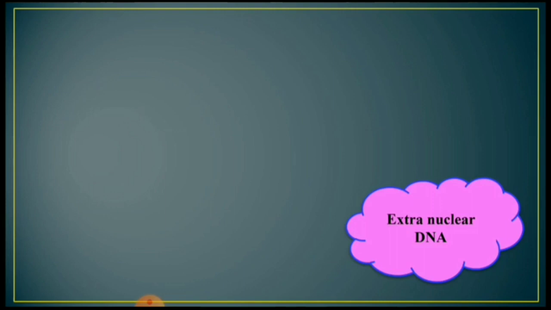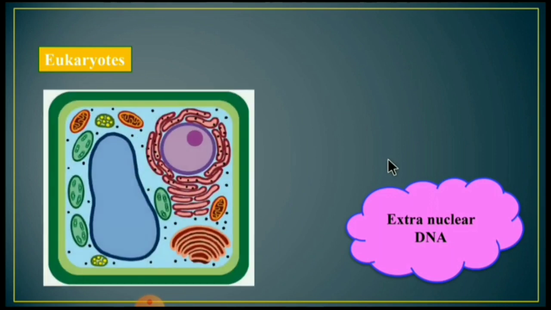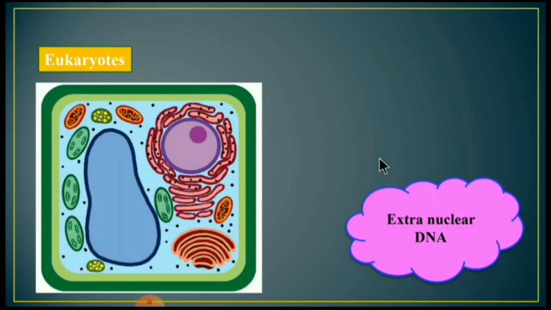Whereas in eukaryotes, DNA is found in the nucleus and in some cell organelles. The major amount of DNA is restricted to the nucleus, and a very negligible amount of DNA is found in plastids and mitochondria.